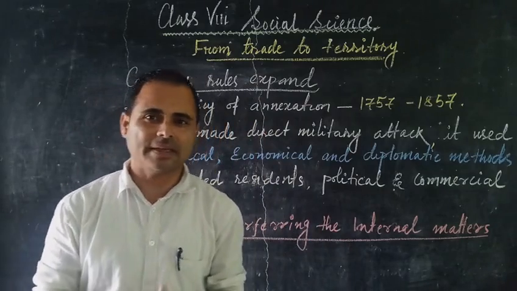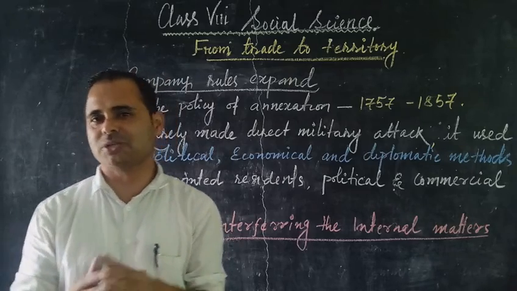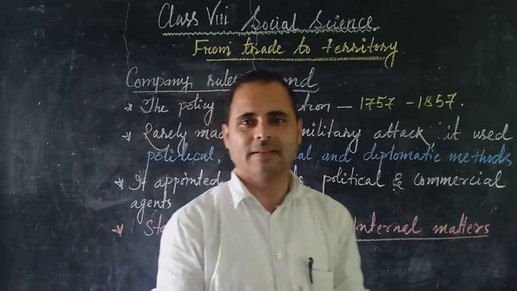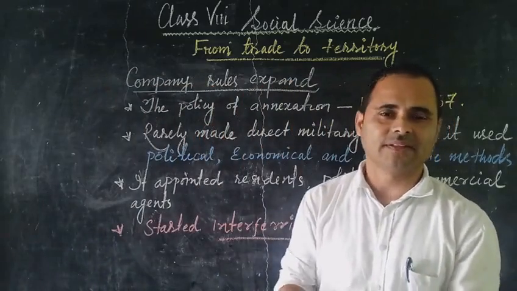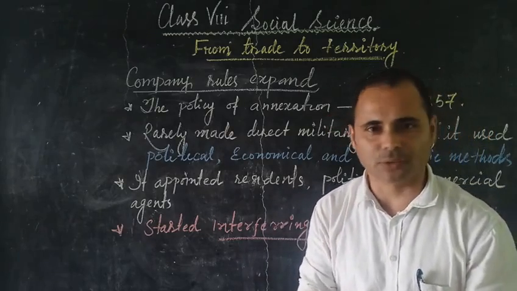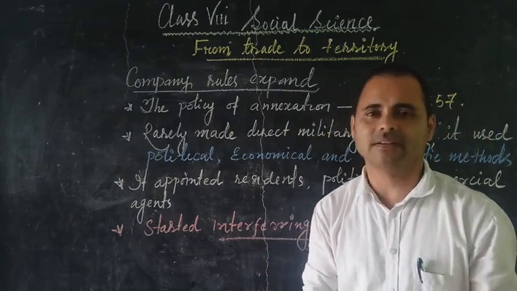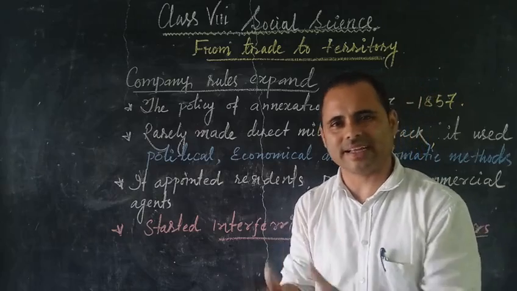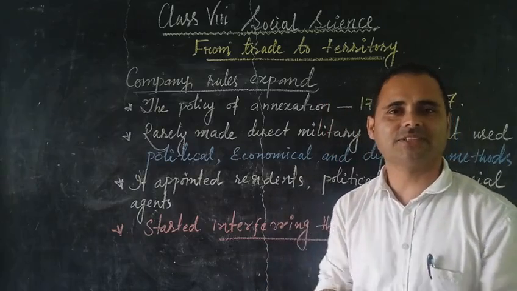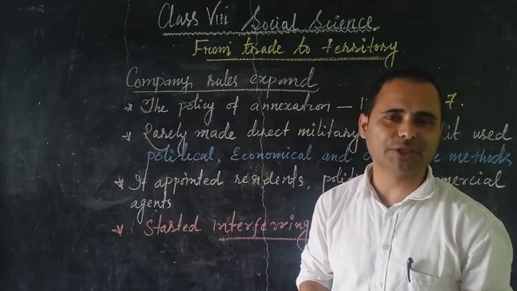Now, if any ruler failed to pay the tax to the Britishers, then ultimately what happened? Their territory would be annexed under the company's rule. See how tactfully, or in how tricky a way, they were annexing a large number of Indian territories under the company's control.